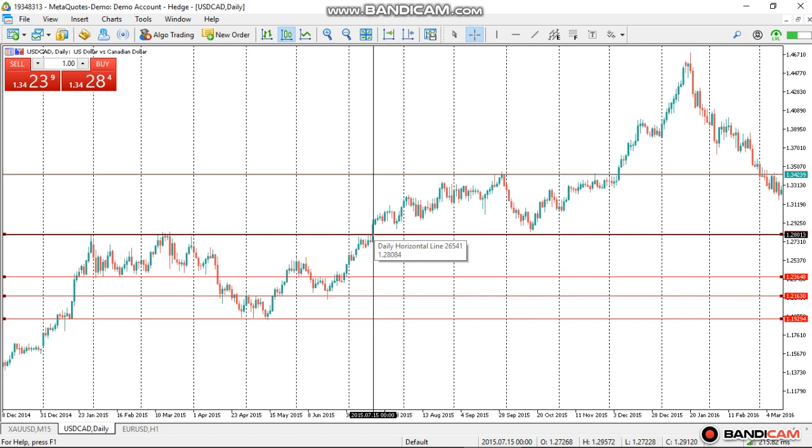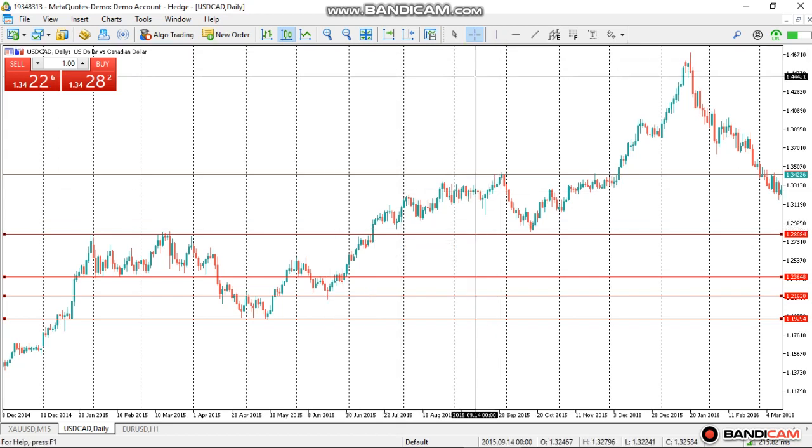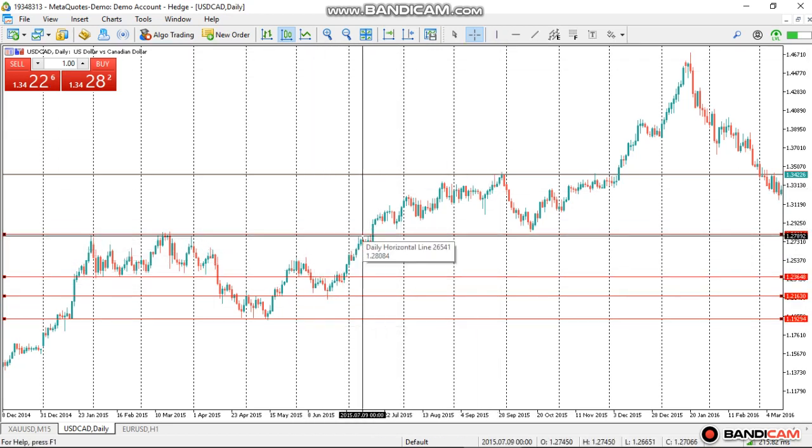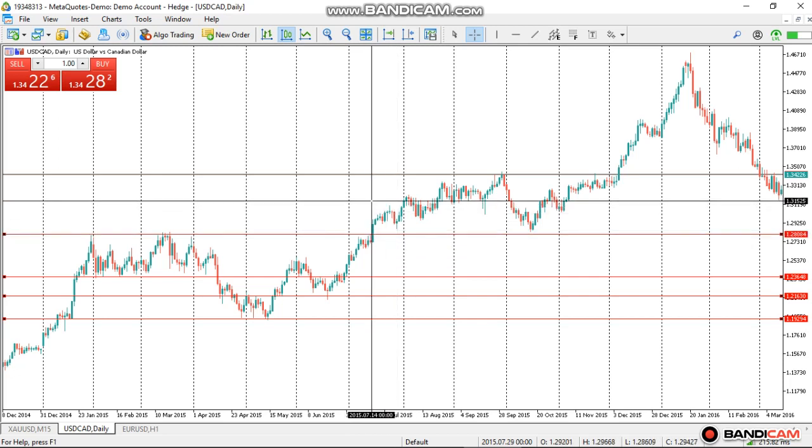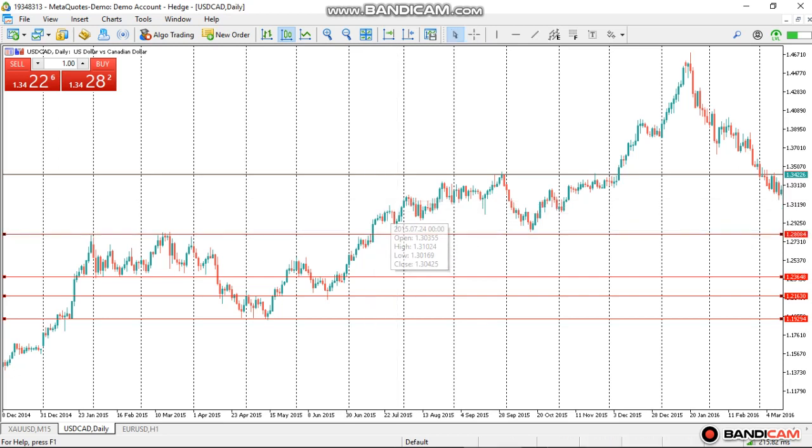They had respected it at first, but since this was an uptrend, they broke the area over there and they went up, and they came back in that area.